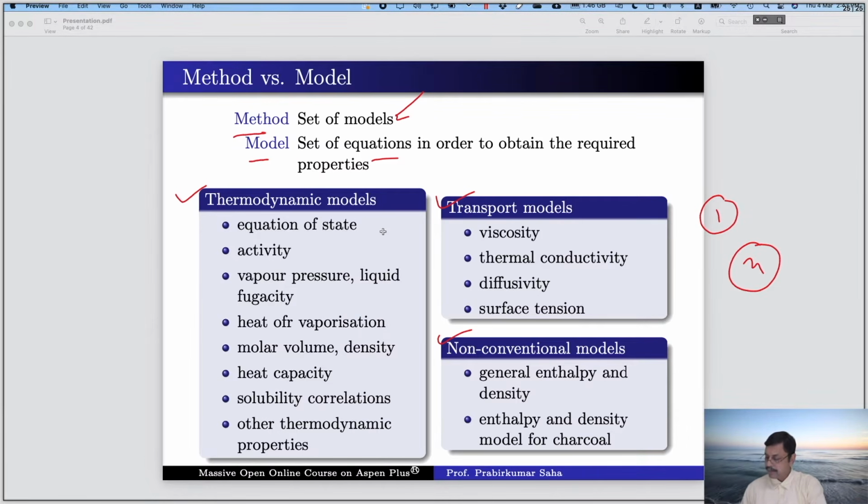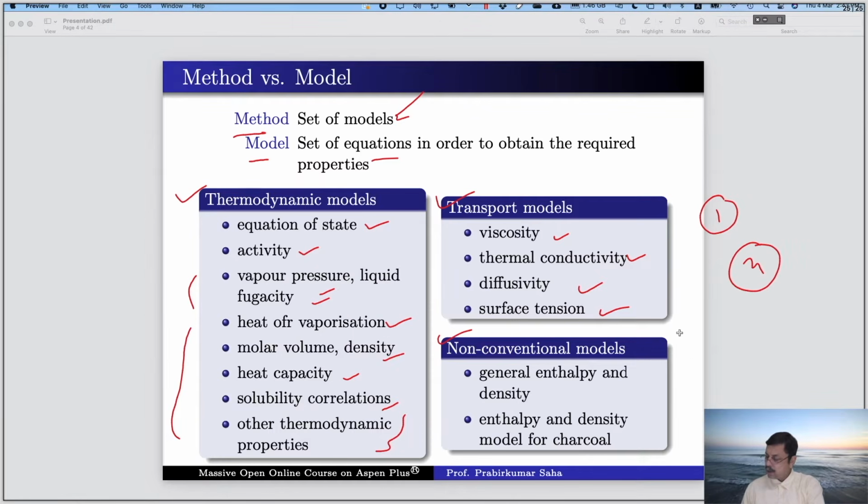In the thermodynamic case, we have equation of state, activity, vapor pressure, liquid fugacity, heat of vaporization, molar volume, density, heat capacity, solubility correlation, and other thermodynamic properties. Whereas in transport models, we have viscosity, thermal conductivity, diffusivity, surface tension, etc.